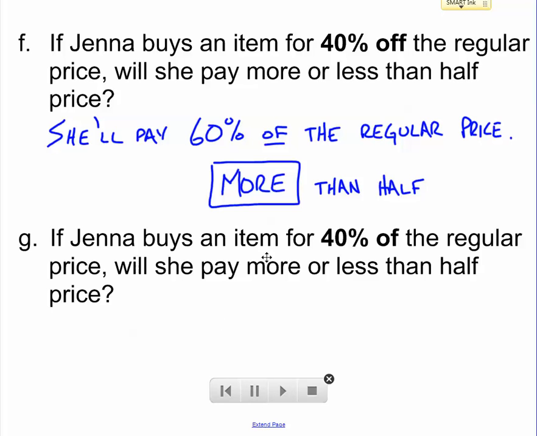Now, if she buys an item for 40% of the regular price, will she pay more or less than half price? Well, 40% of is less than 50% of, so she's going to pay less than half the price because 40% is less than 50%, less than half.